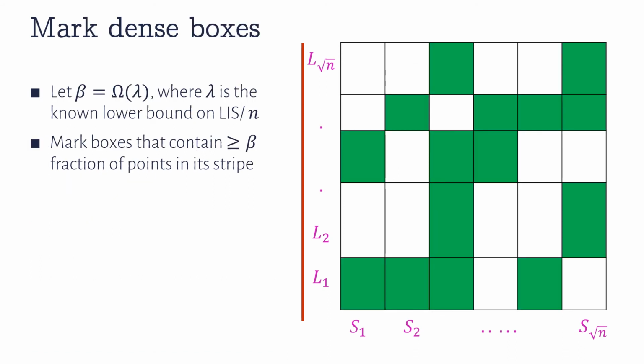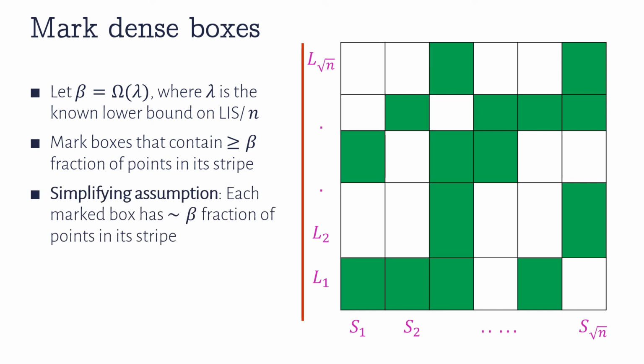As a next step, in each vertical stripe, we mark boxes that contain at least a beta fraction of the points in its stripe. Let's say we mark them green.